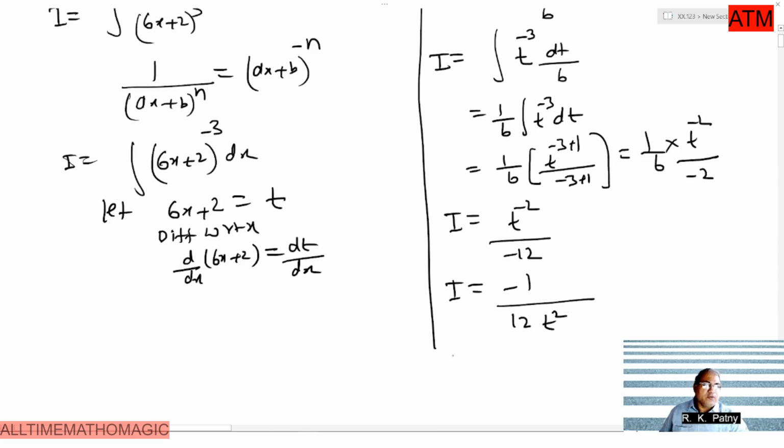Now putting for t, 6x plus 2. So I equals minus 1 upon 12 into (6x plus 2) whole square. This is the required solution.